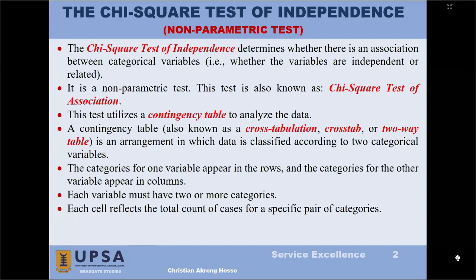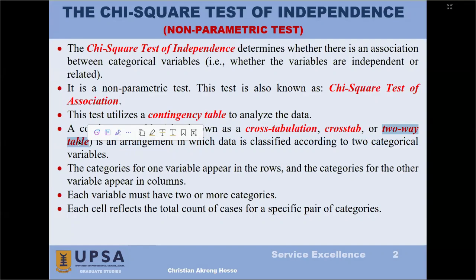The test utilizes what we call a contingency table, also known as a cross tabulation table, or in SPSS it's called crosstab. In some literature, it's also known as a two-way table.